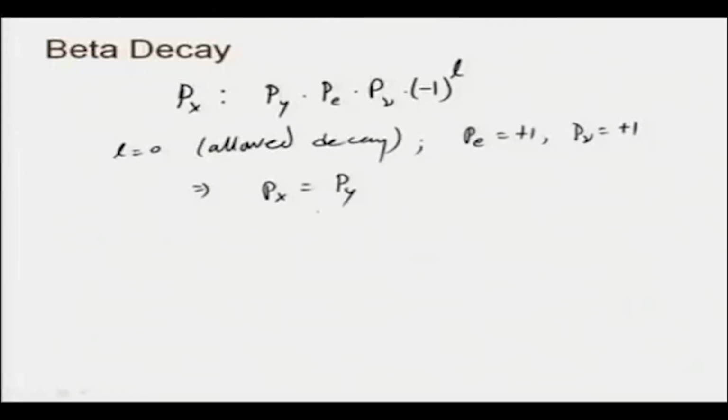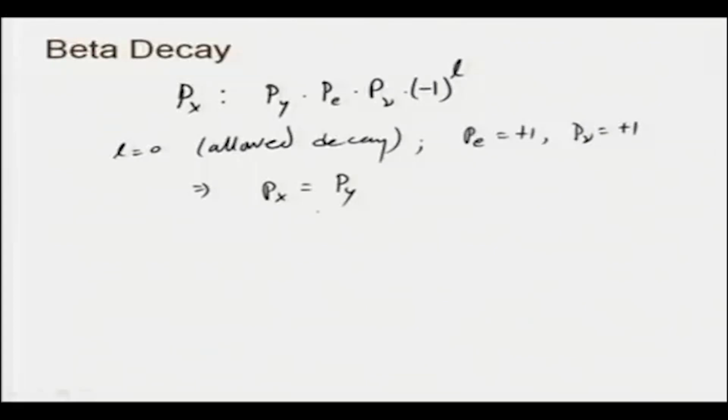So, in the allowed decay, it is always P x equal to P y. So, L equal to 0 will give you parity of the daughter and parent nuclei to be the same.